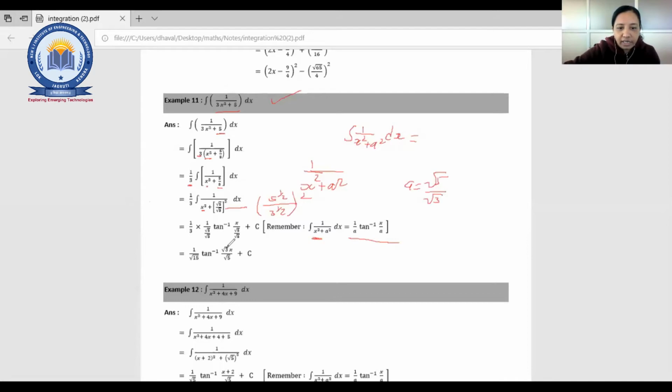Root 3 can be taken out, so root 3x upon root 5 plus c. Is there any doubt in this one? Is there any doubt? Okay, only one student has no doubt. Fine. Now try to solve this yourself.